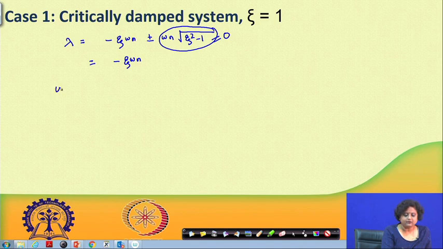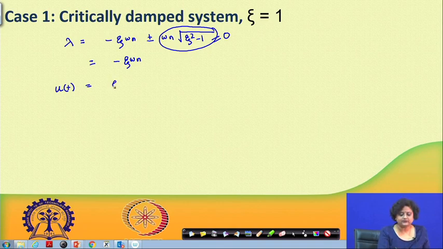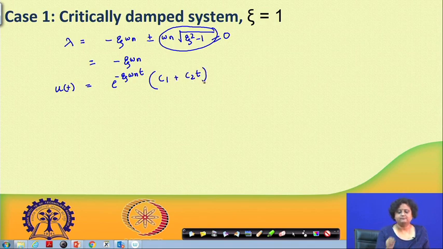If you look into the solution of ordinary differential equations, you will see that the solution in this particular case is going to be e to the power minus zeta omega n t into (C1 plus C2 t). Okay.